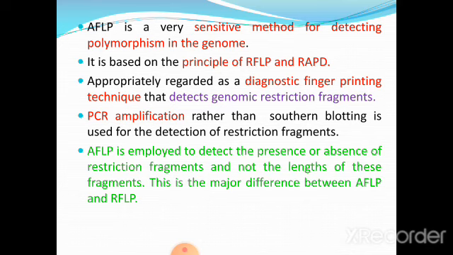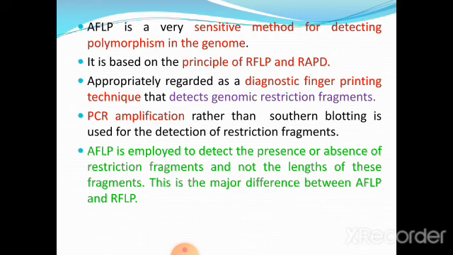A very important thing to be noted is, AFLP is employed to detect the presence or absence of restriction fragments, please note, and not the lengths of these fragments as done in RFLP. This is the major difference between AFLP and RFLP.